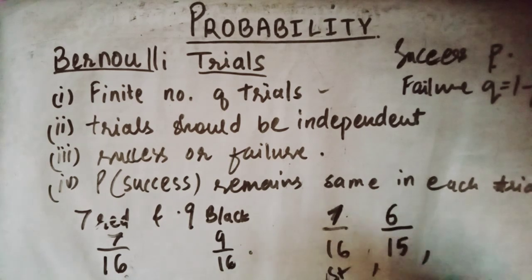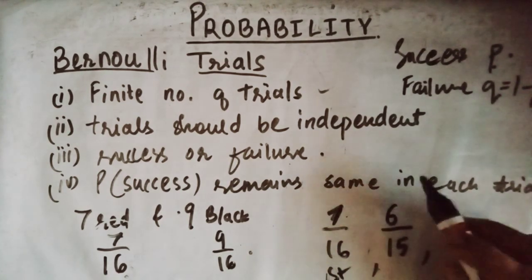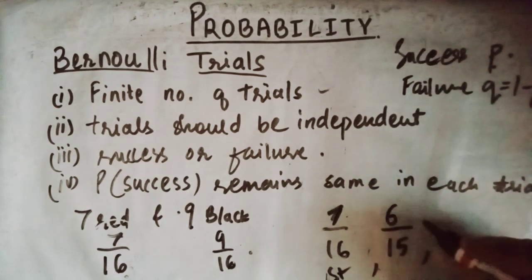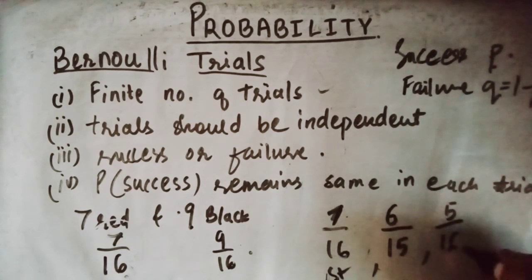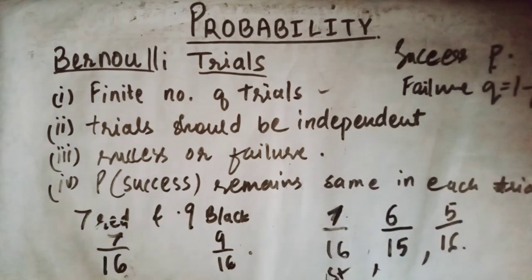Again, 2 balls are already drawn and we are not replacing them, so we have 5 by 14. So the probability of getting a success is not remaining the same, and that's why we can say that this is not a Bernoulli trial.